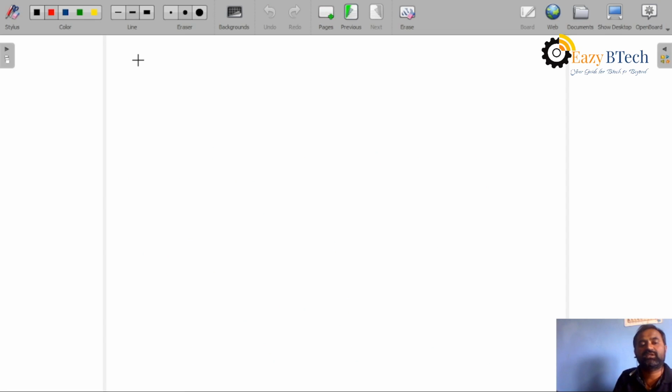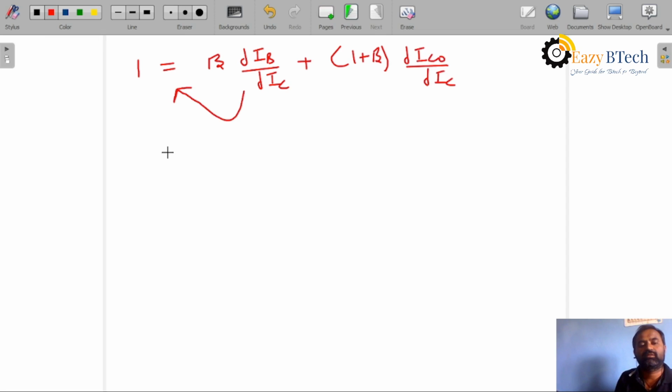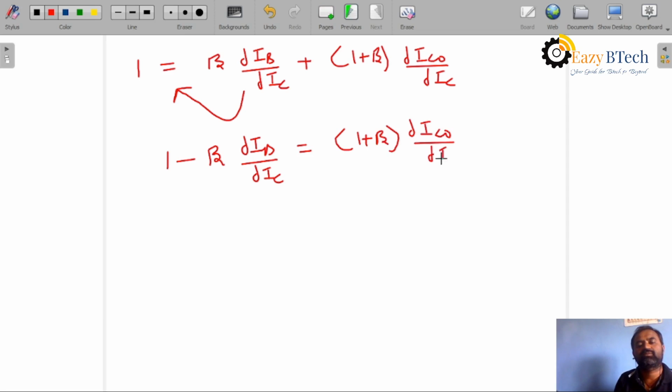So 1 is equal to beta dou IB by dou IC plus (1 plus beta) dou IC naught by dou IC. Moving this side, 1 minus beta dou IB by dou IC is equal to (1 plus beta) dou IC naught by dou IC.